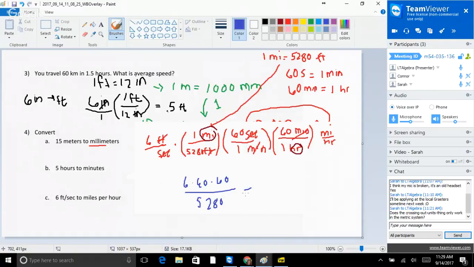So if I do that math, 6 times 60 times 60 divided by 5,280, I end up with 4.1 miles per hour.